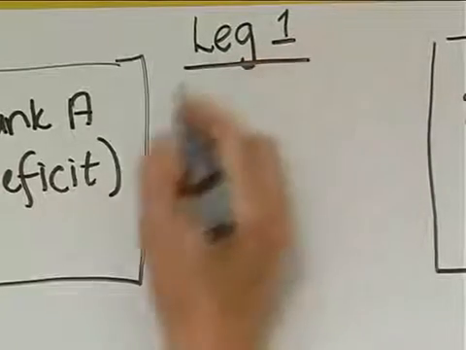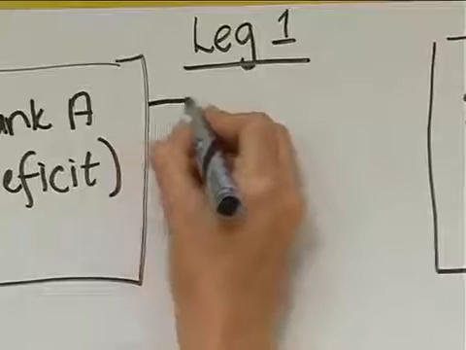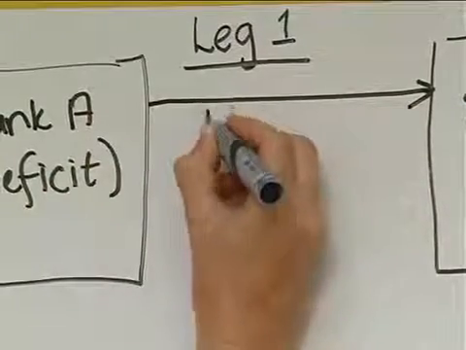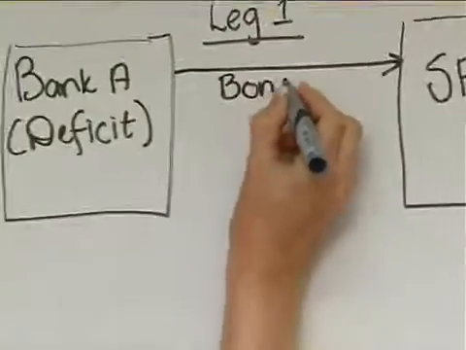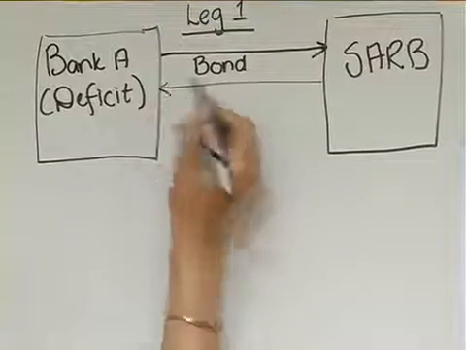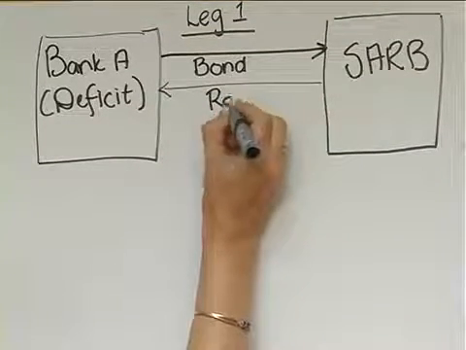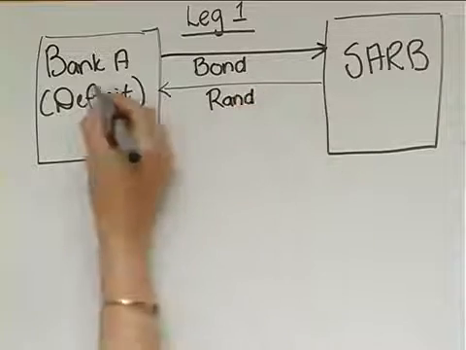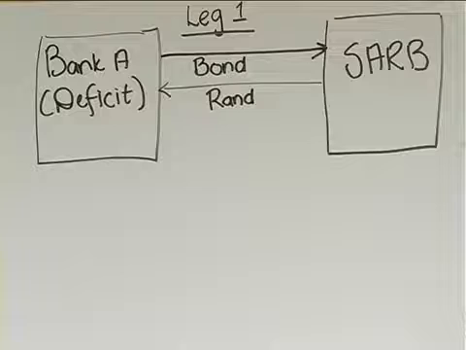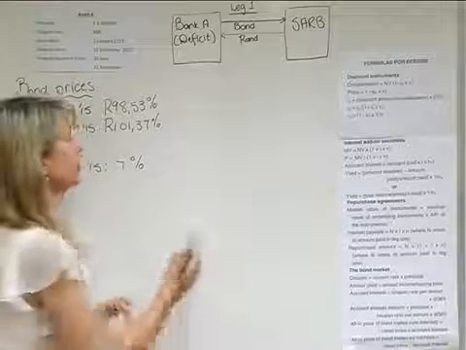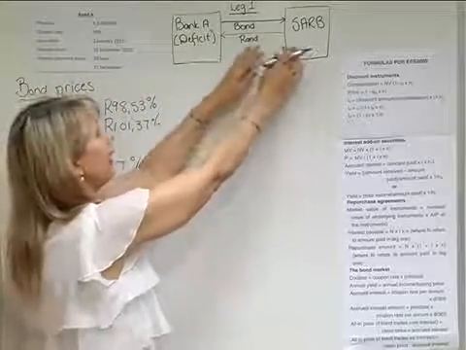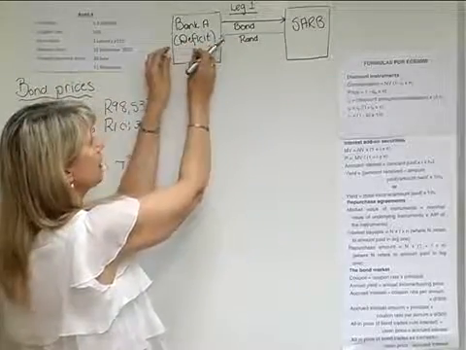In leg one, the bond is sold by the deficit unit, Bank A, to the Reserve Bank, and then the Reserve Bank pays money to Bank A, and that finances the deficit of Bank A.